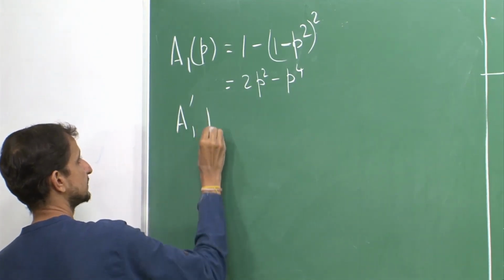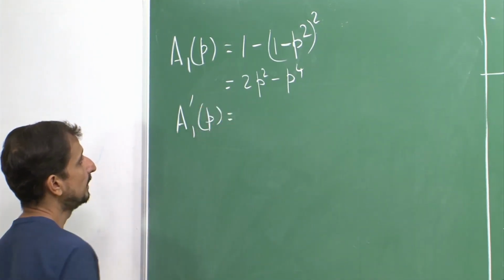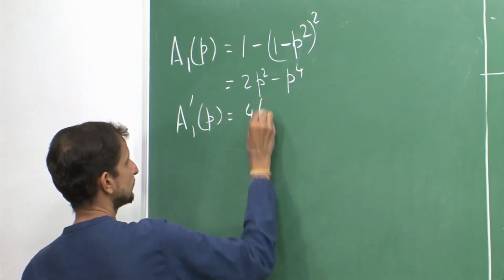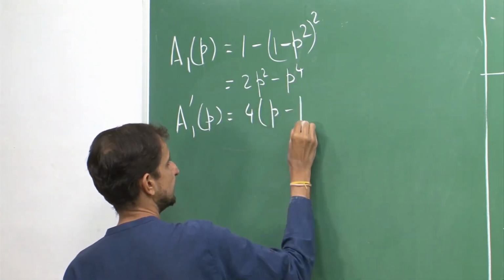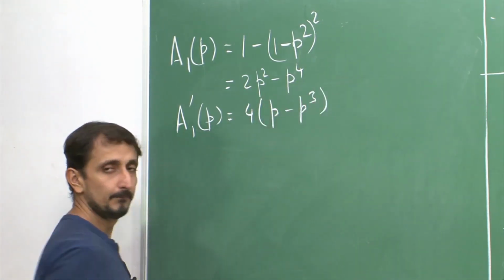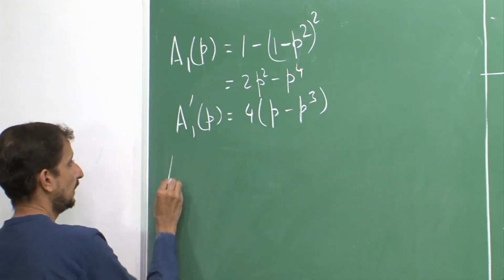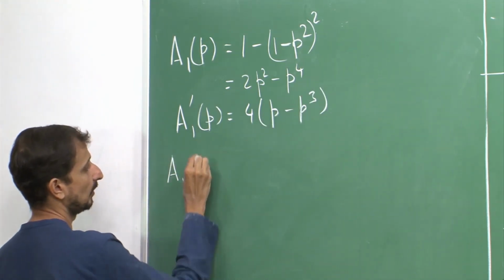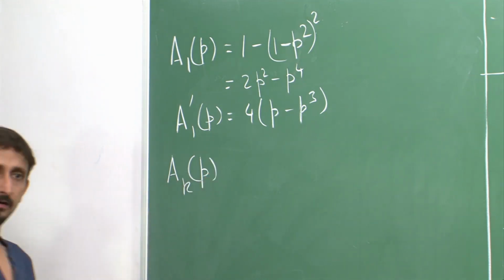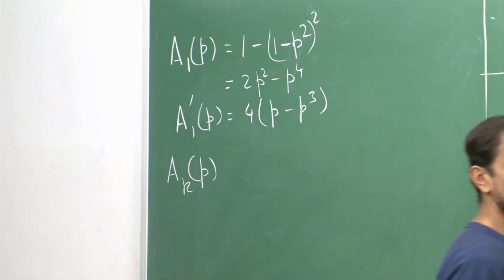Okay. So, what is the first derivative of this function? The first derivative is 4p minus 4p cube, so I will write it as 4(p minus p cube). Now, how can we define Ak(p)?